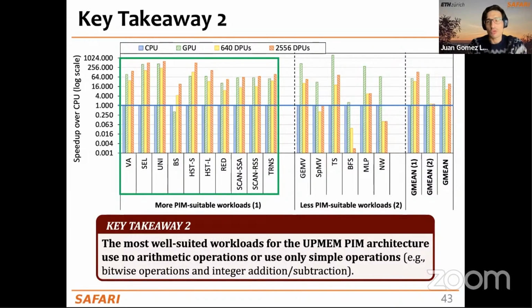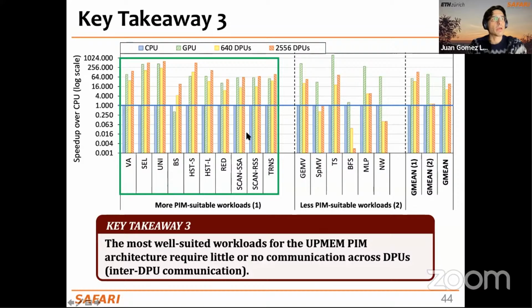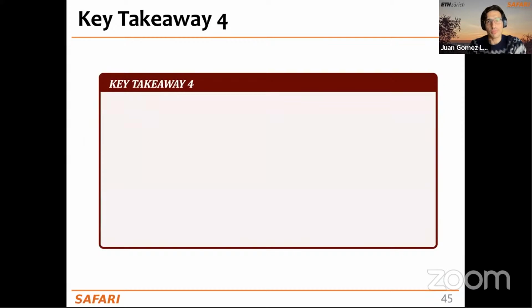They don't use integer multiplication or division or floating point operations, and this is what we observe in these 10 PRIM benchmarks. And also that these 10 PRIM benchmarks require little or no communication across DPUs, the inter-DPU communication.